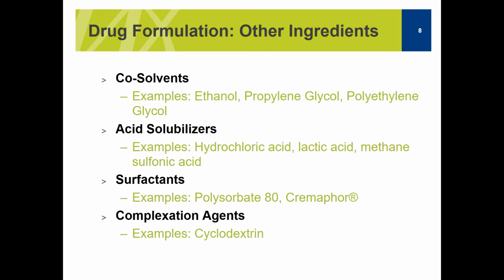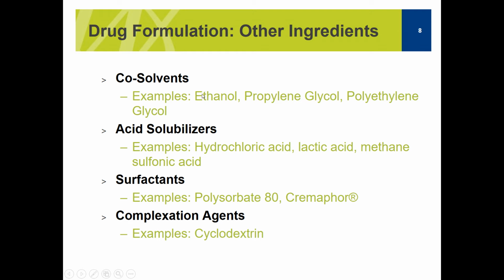Okay, so we talked about buffer. Again, other ingredients that are present in drug formulation on different drugs are the co-solvent, acid solubilizers, surfactant, and complexation agents. And here's an example of all of those. You don't have to name them in more detail.